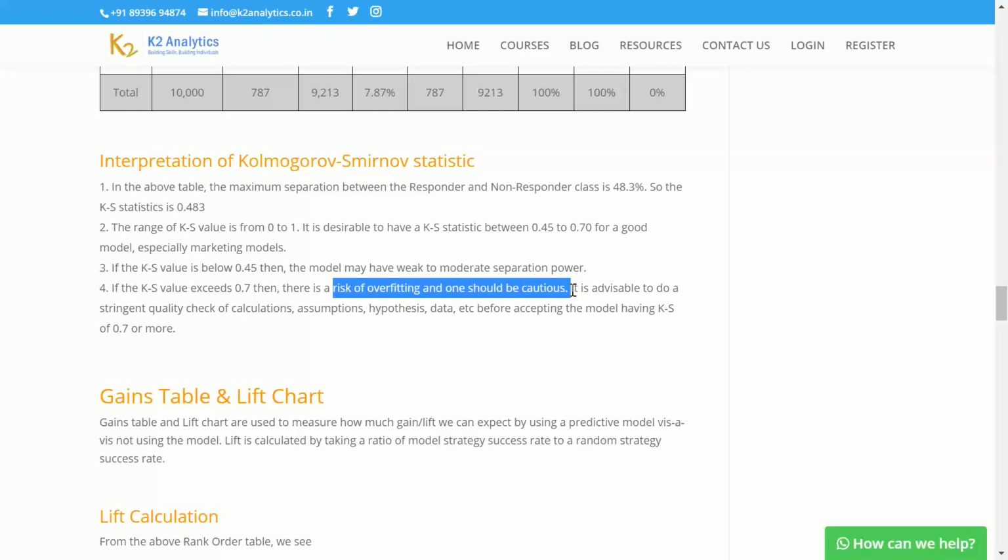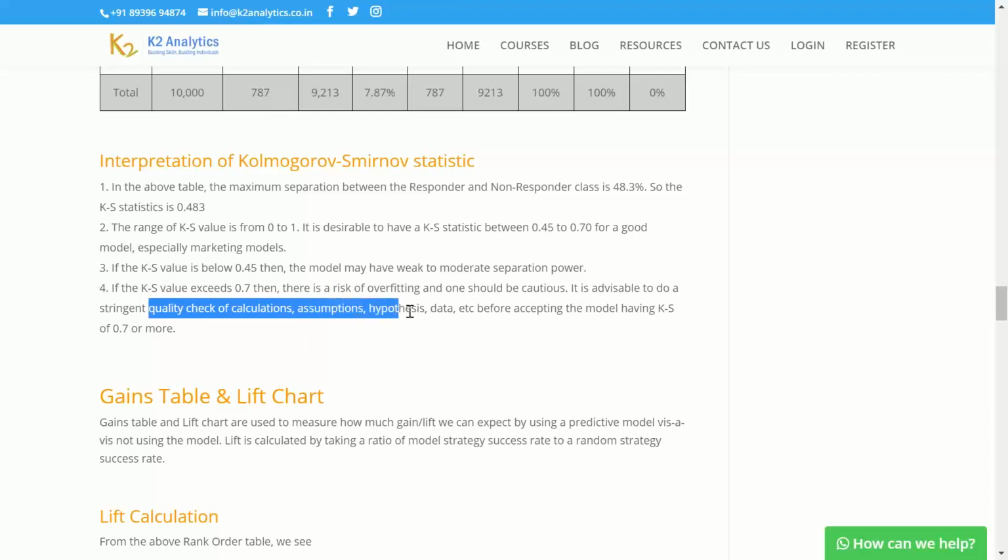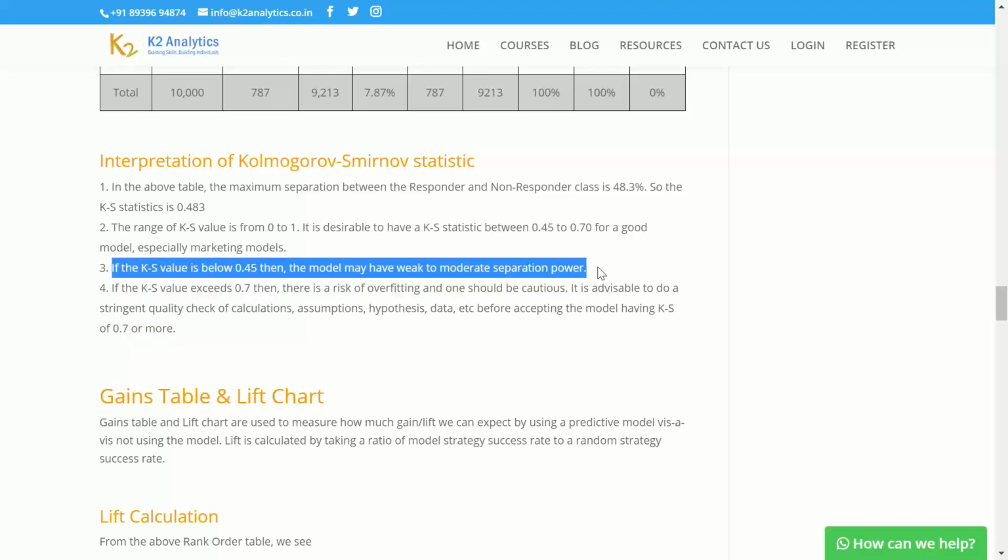You have to do stringent quality checks of your calculations, your assumptions, your hypothesis, your data preparation steps, your target variable definition, etc., before you accept a model having a KS of 0.7 or above. Most of the time, we get a KS of 0.45, 0.5, and those models we accept as good models and deploy them. That's what happens in industry. So this is how the interpretation of KS is.